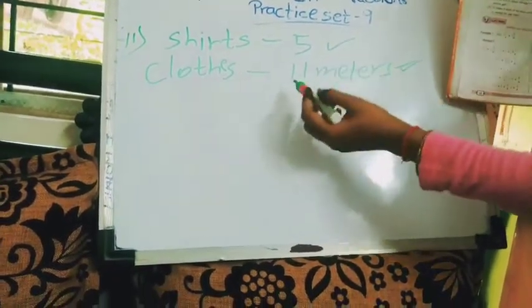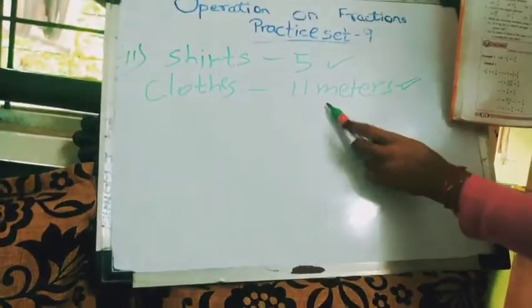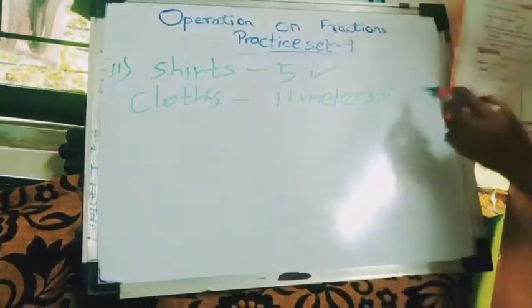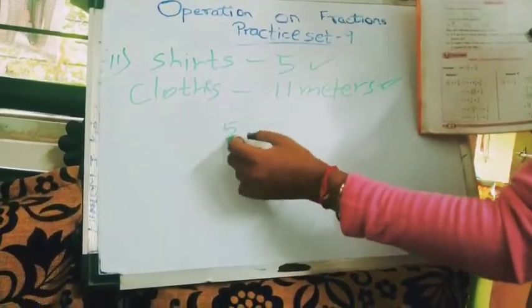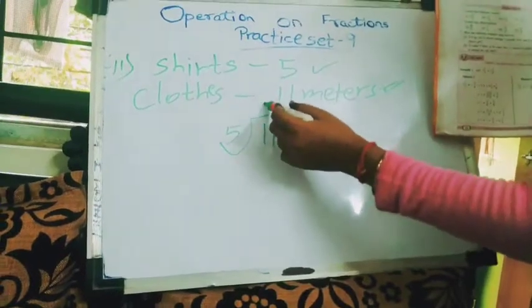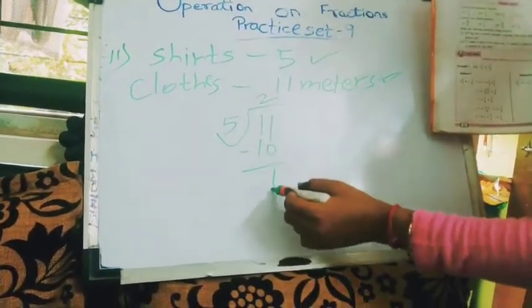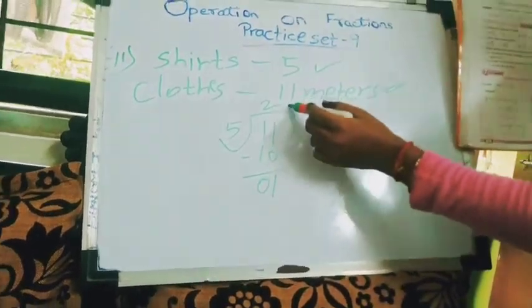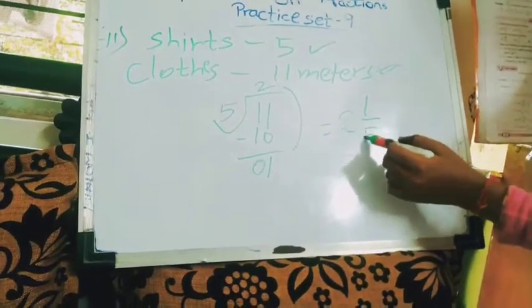It means we require 11 meters of cloth for 5 shirts. How much length for one shirt? As usual, same. You divide 11 by 5. 5 2 is 10. Subtract 11 minus 10 is 1, and here is 1. You can start from here. We got 2 upon 1 by 5.